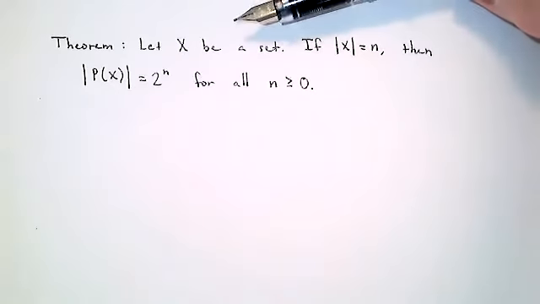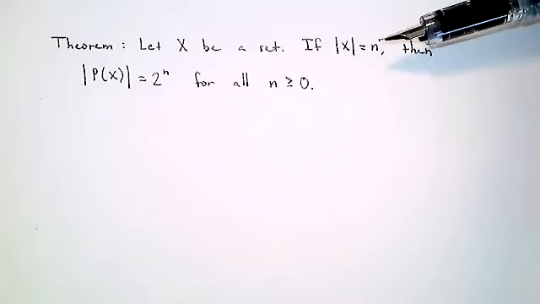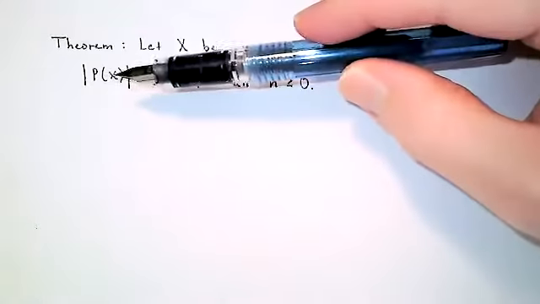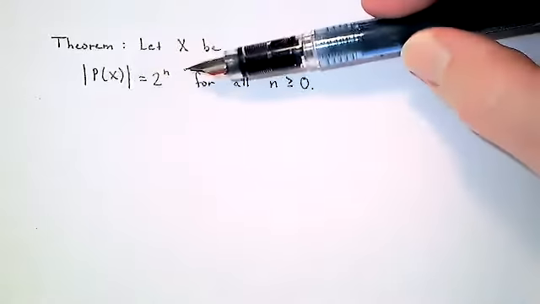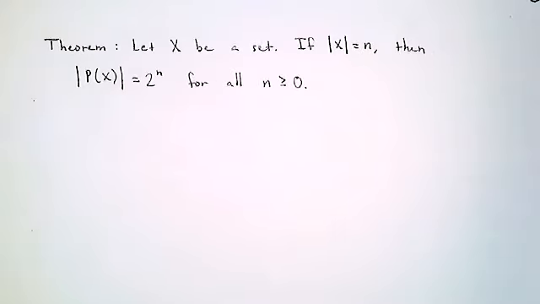And here's the theorem. Let X be a set. If the cardinality of X is equal to n, then the cardinality of the power set of X is equal to 2 to the n for all n greater than or equal to 0.